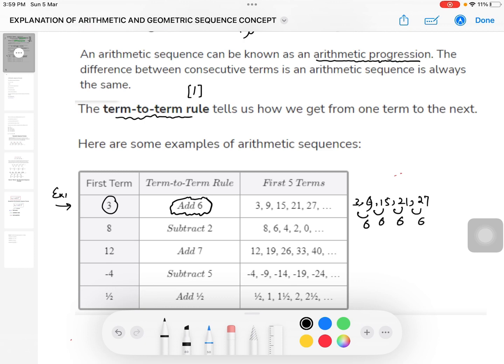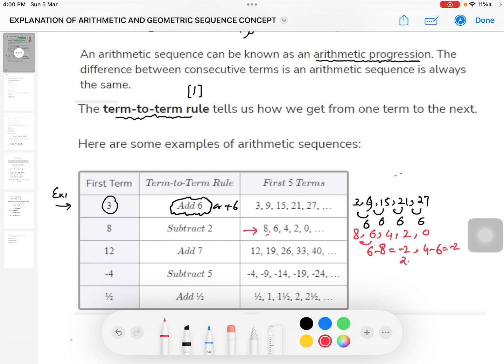We say add 6, and here you see this sequence. I'm changing color for this one: 8, 6, 4, 2, 0. Now the rule is, see, this term minus the previous term: 6 minus 8 gives you minus 2, and 4 minus 6 gives you minus 2.